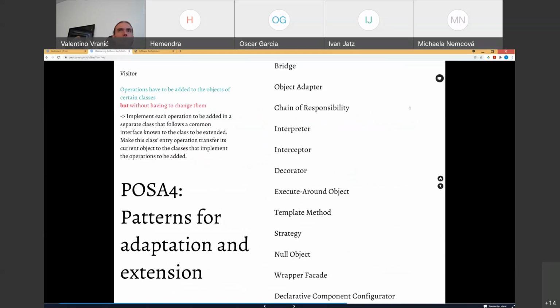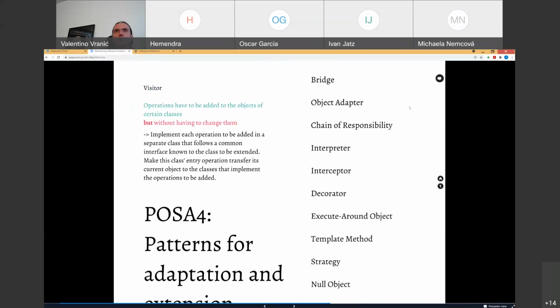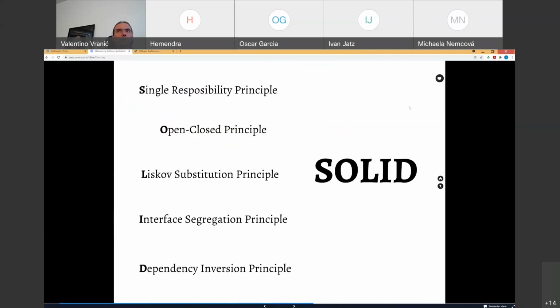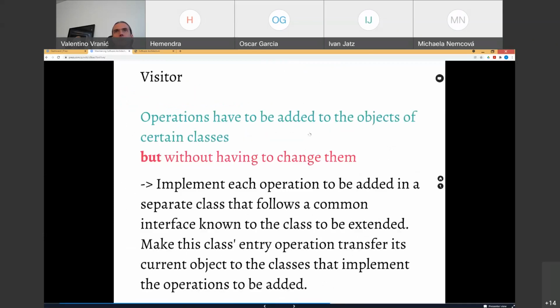If you have your code organized in some way, and then you decide to apply visitor in order to make your code more maintainable, then, if I get back to these principles, the open-closed principle is directly applied or embodied in the visitor pattern.